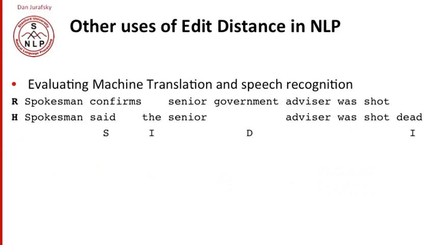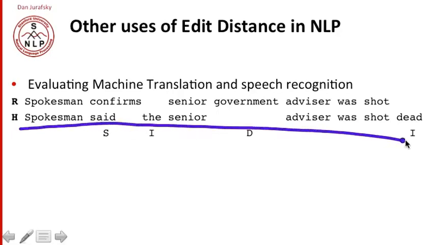Edit distance comes up all over the place. In machine translation, for example, we'd like to measure how well a machine translation system does. So let's suppose that our machine translation system represented some sentence, maybe translated from Chinese, as "the spokesman said the senior advisor was shot dead."